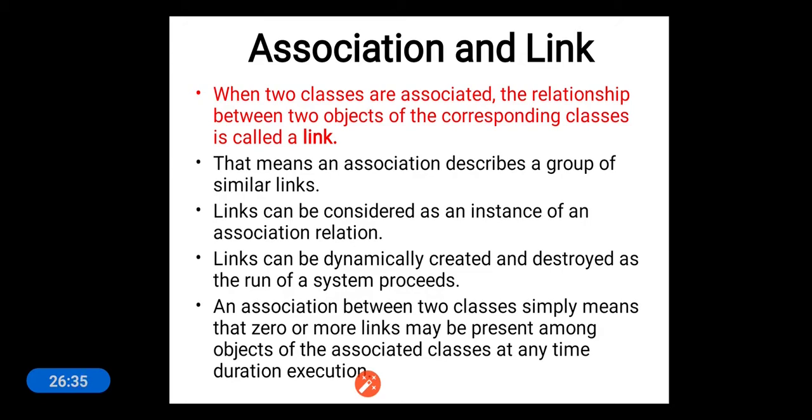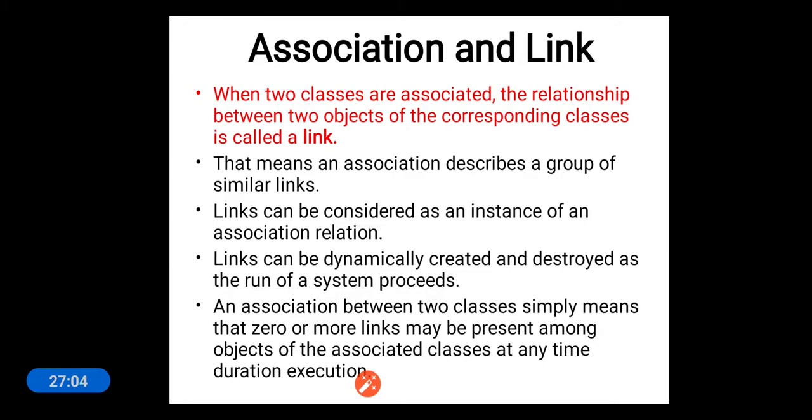That's nothing but a relationship between the classes is an association, and a relationship between those corresponding objects is a link. That is, a link is a relationship between the objects and association is the relationship between the classes. So we can say that association describes a group of similar links, and a link can be considered as an instance of an association relation.